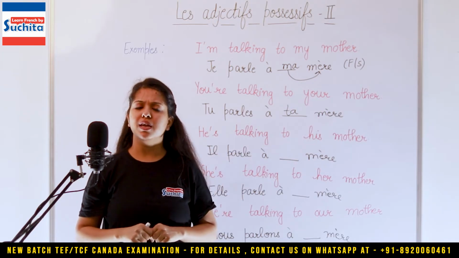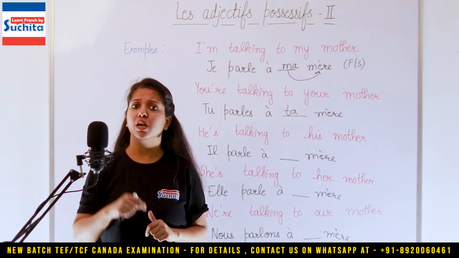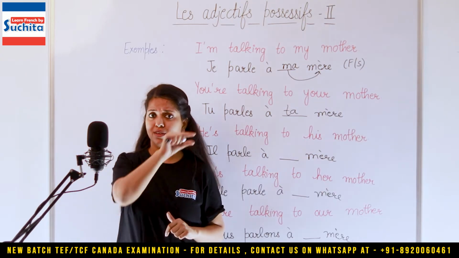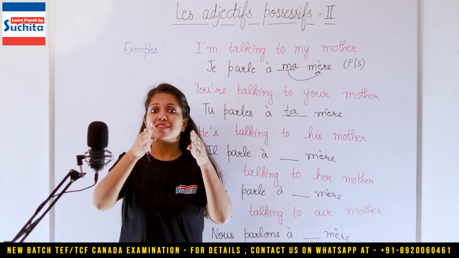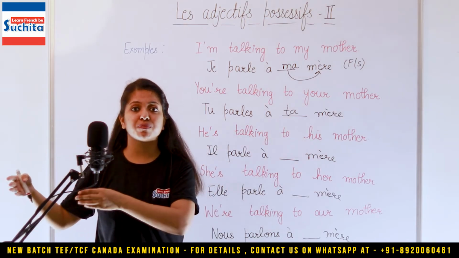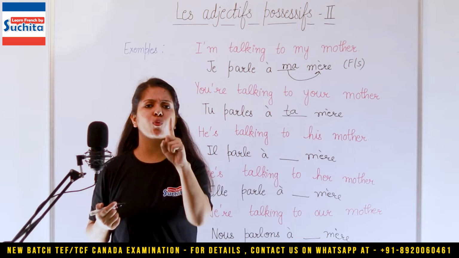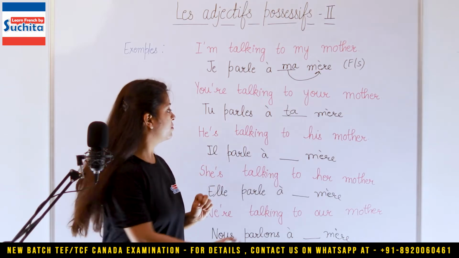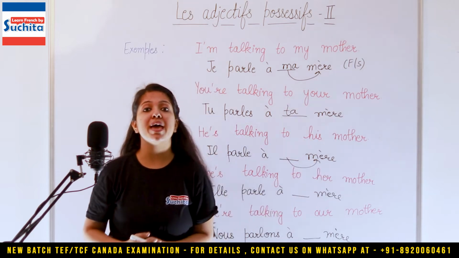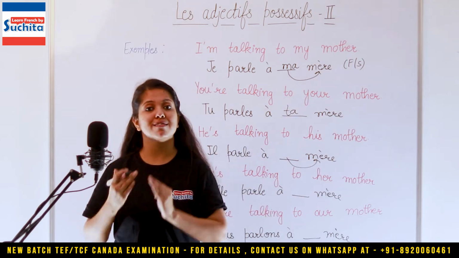Il parle. He is talking to his mother. Now imagine the row of his: son, sa, ses. If you want to select one amongst them, you will always look at the word which is next to the dash, and that's mère. Again, that's féminin singulier.